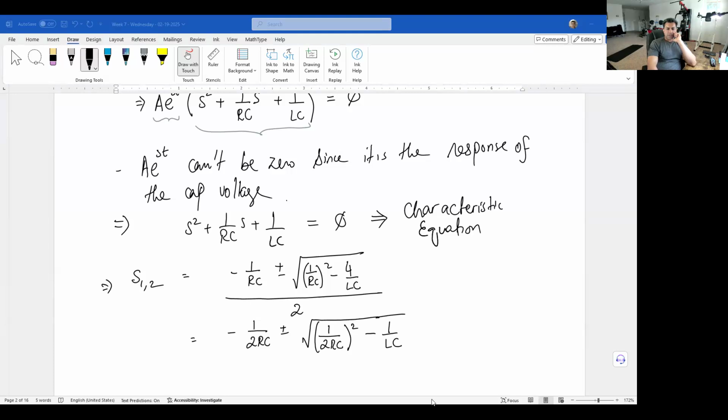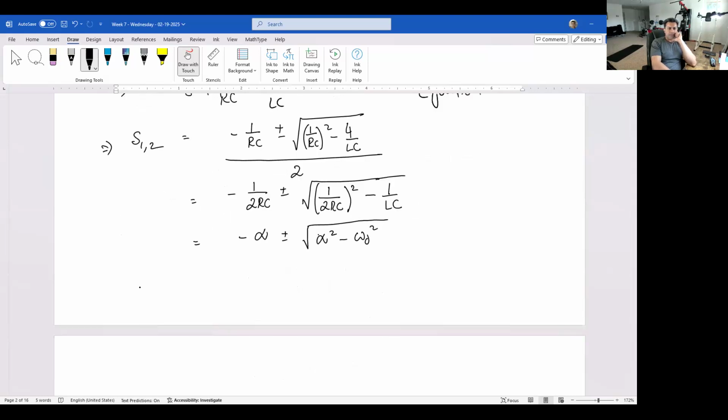Now, this equation can be written in terms of variables that we use very commonly as negative alpha plus minus the square root of alpha squared minus omega naught squared, where alpha is 1 over 2RC, and this is called the Napier frequency.